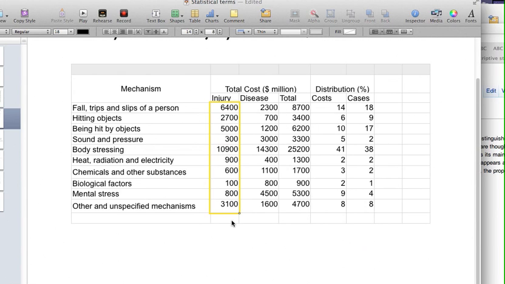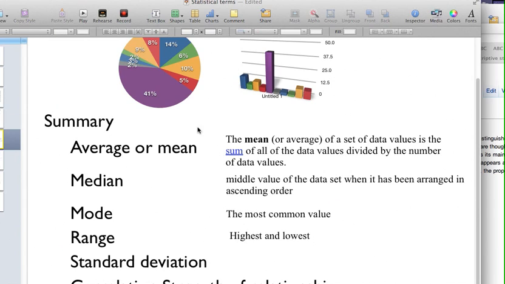So whatever the total of this is divided by 10 will give you the average, and I'll do that in a minute so you can see it happening. Go back to the other one. The median is the middle value of the data set when it's been arranged in ascending order. I'll show you that. That's kind of useful in some circumstances.